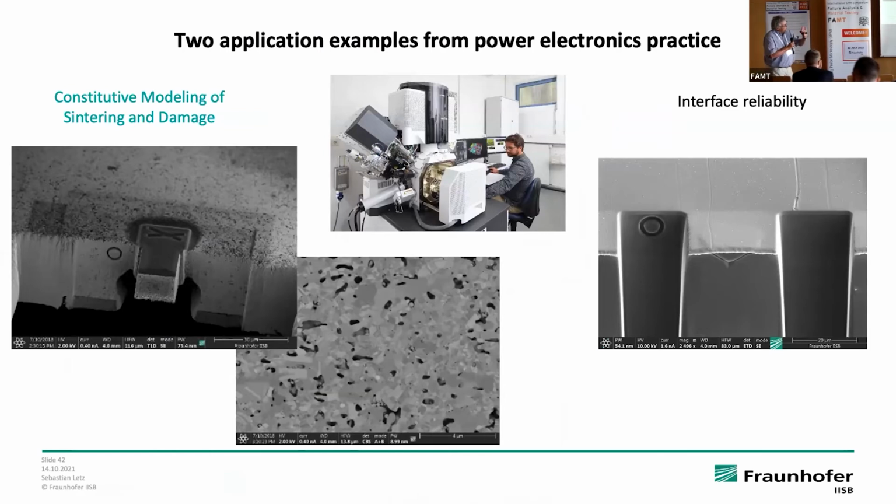And I give you 2 short examples on what we do, for example, with the simulation and investigation in the reliability. We use, to quite some extent, our focused ion beam. Thanks, Matthias, for your support all the time. And we do, for example, have a micro pull test inside.